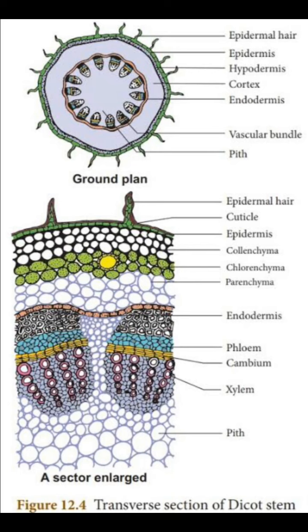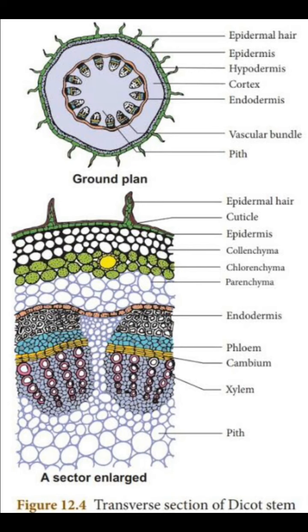Next, the pericycle is present on the inner side of the endodermis and above the phloem in the form of semi-lunar patches of sclerenchyma. Got it, everybody?